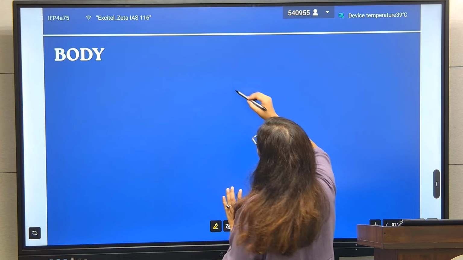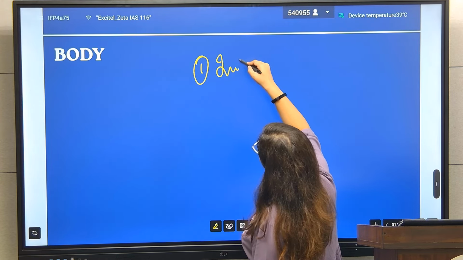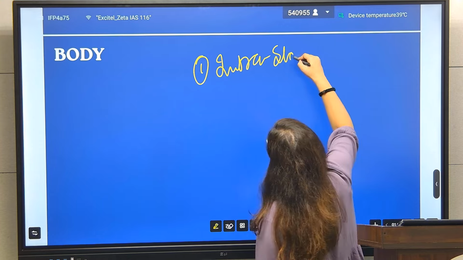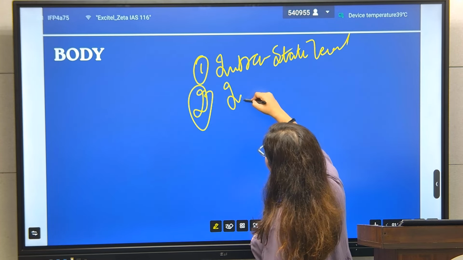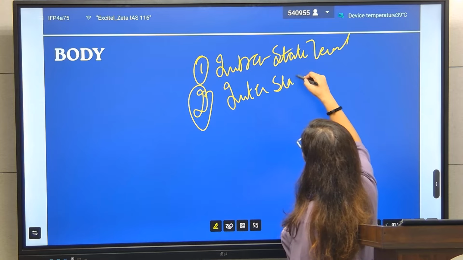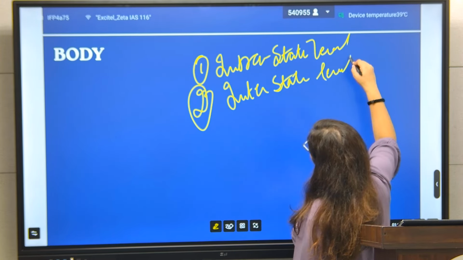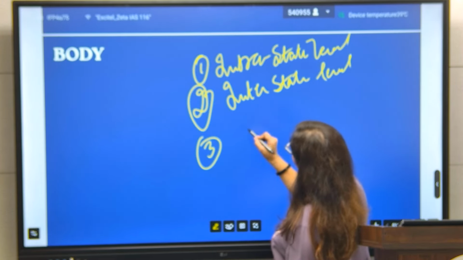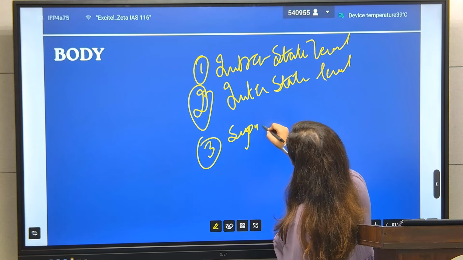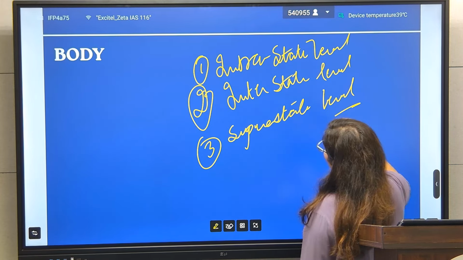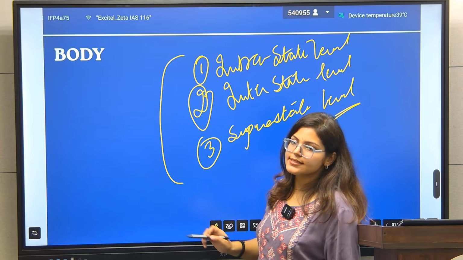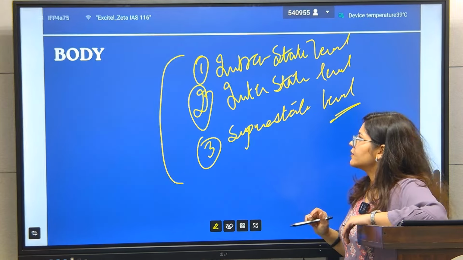So first is intrastate level, second is interstate level, and third is supra state level. So this regional disparity exists at three different levels.